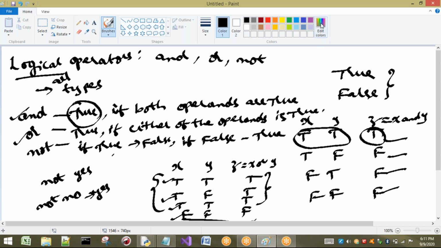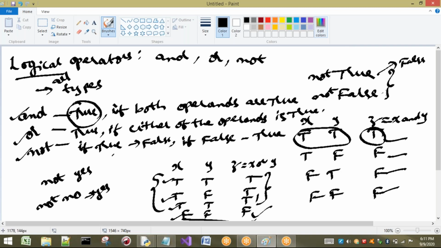If both operands are false, then automatically the result will be false. Next, what about NOT? If we write not true, what is the answer? False.